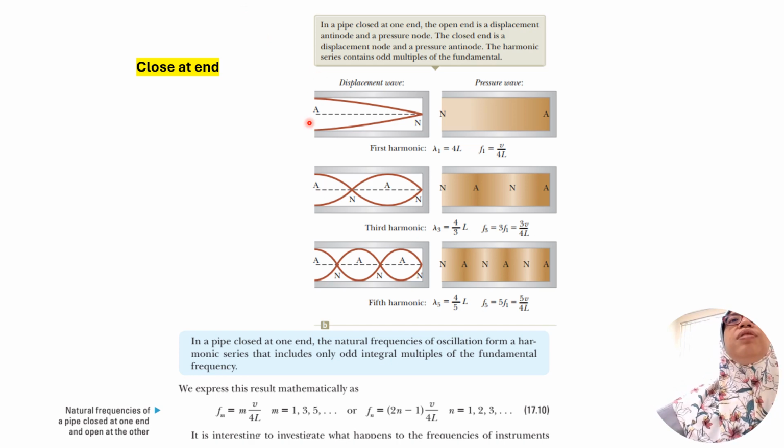Anyway, coming back to this figure, so you would have noticed that the fixed end, sebiji macam string tadi, akan exist nodes positioning. Nodes punya rupa ya. And then at the opening ni adalah antinodes. Alright. On the right side ni apa? On the right side ni adalah how the air particles and pressure varied.